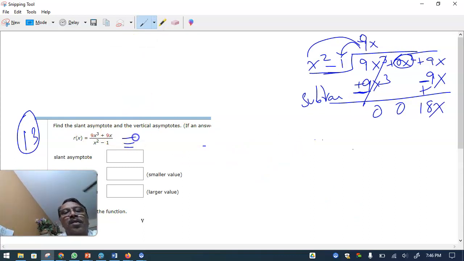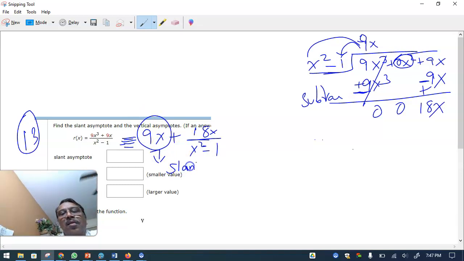So this equals the quotient 9x plus the remainder 18x divided by x squared minus 1. So this is the slant asymptote.